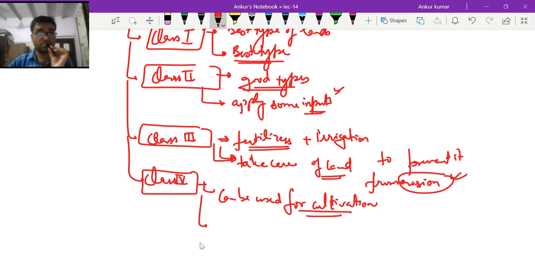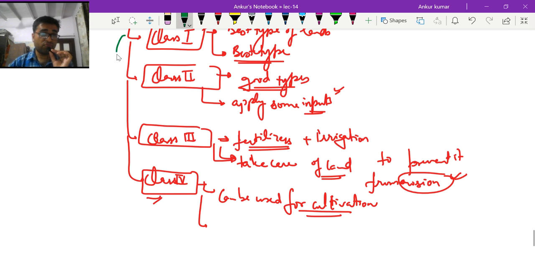You have to apply fertilizers, irrigation, pesticides, and you have to take care of the land aggressively. You have to manage the land to prevent erosion and other limitations which can arise on the land, right? So this is the class 4 land.